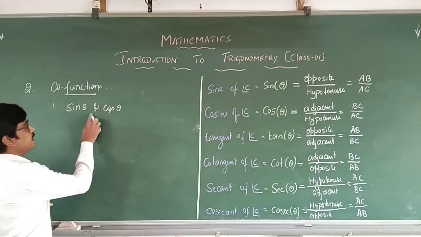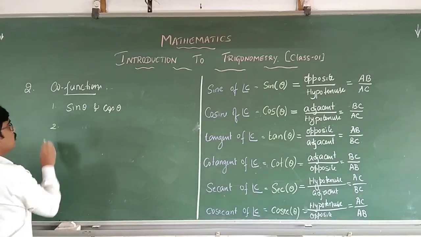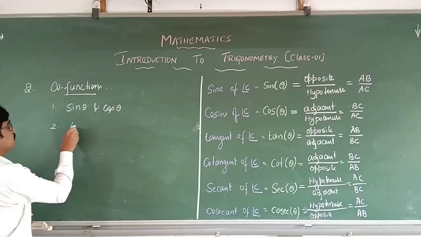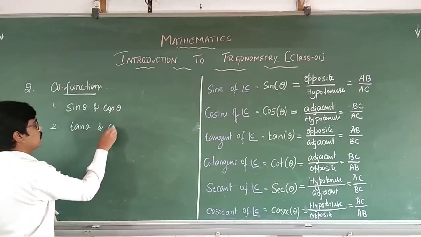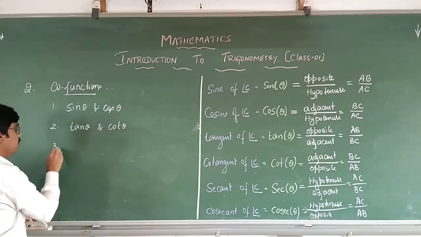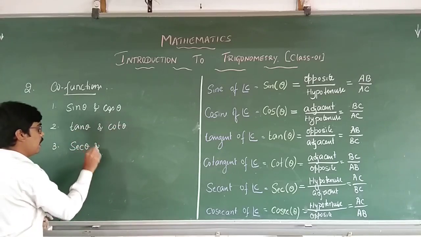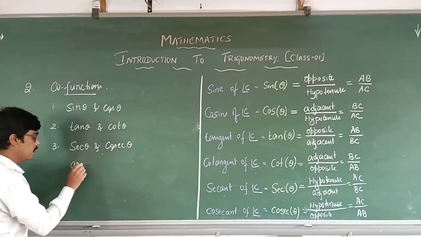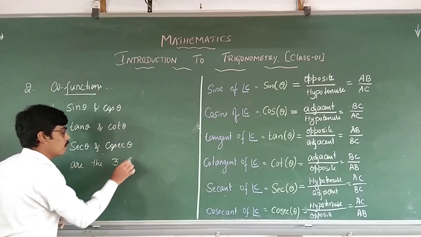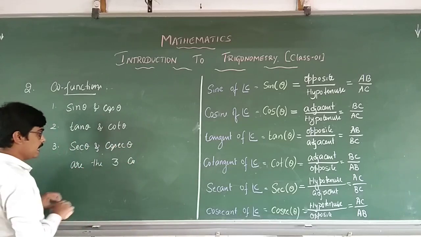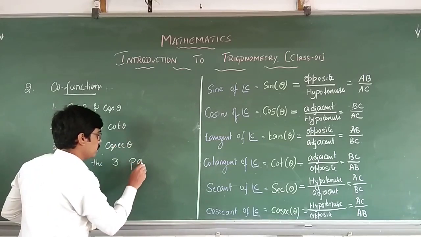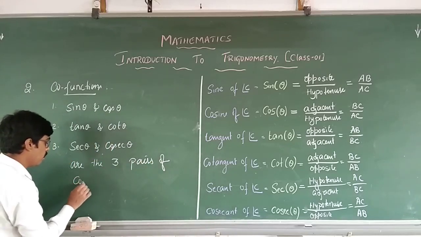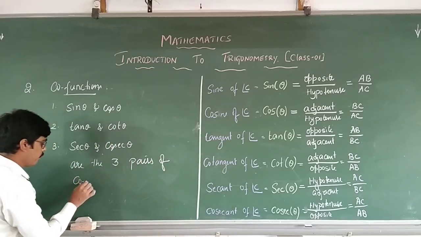First one, sin theta and cos theta. Next, tan theta and cot theta. Third, secant theta and cosecant theta are the three pairs of co-function.